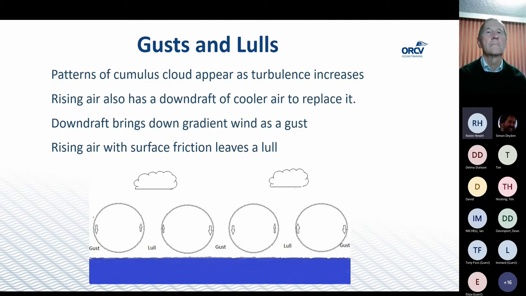So when the air comes down on the edges, you get a gust. And if you look across this diagram, the circular motion of air going up and air coming down, wherever you get the gusts, you get an increase in speed. Wherever you get under the cloud, you get a drop in speed.